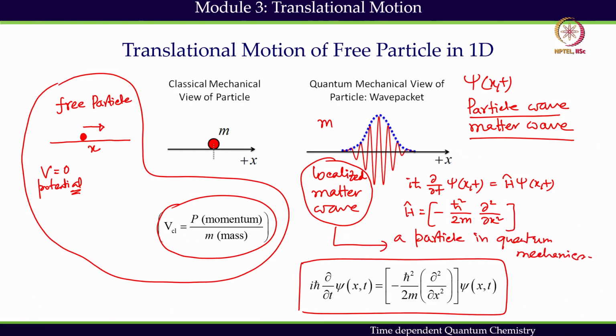It is localized in space, in position space. So, we will prove this. How do you know that? But this is a localized wave in quantum mechanics.